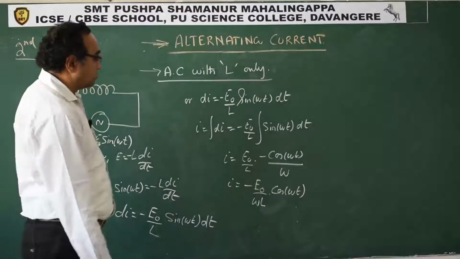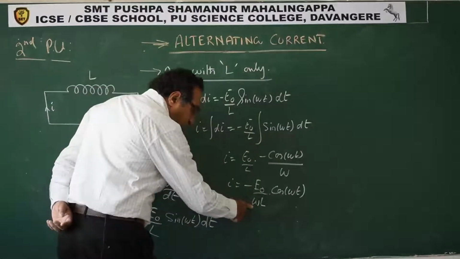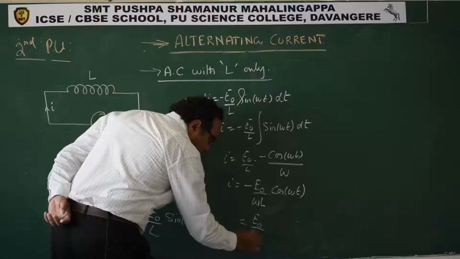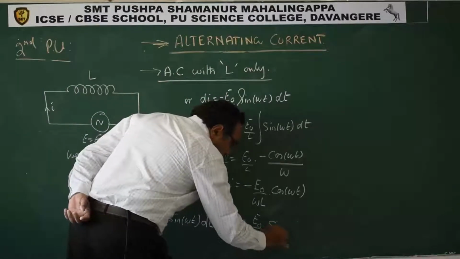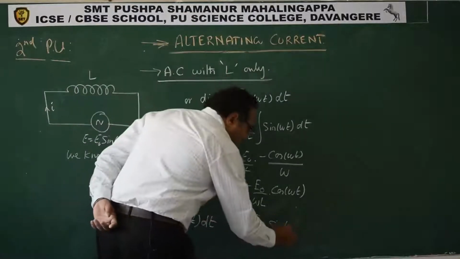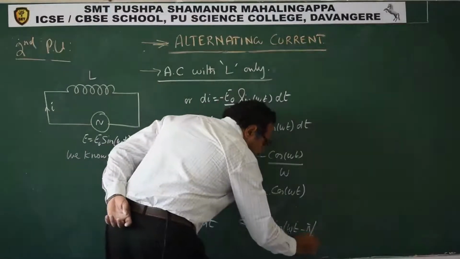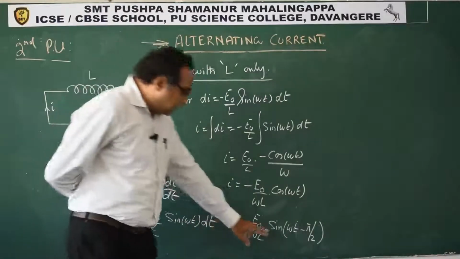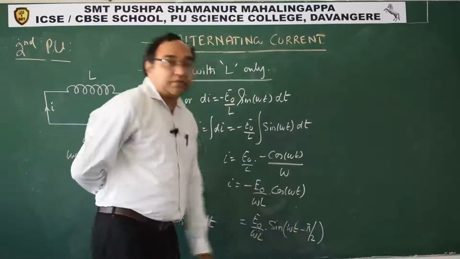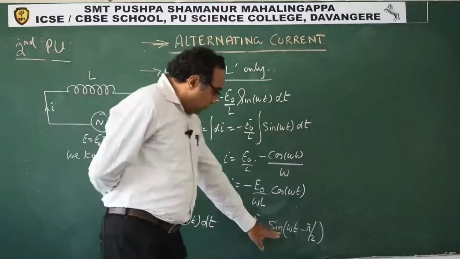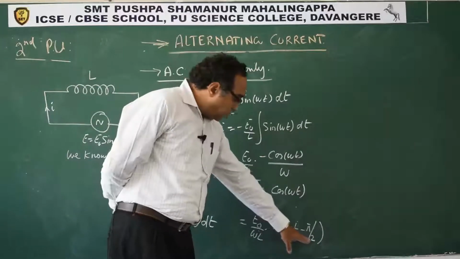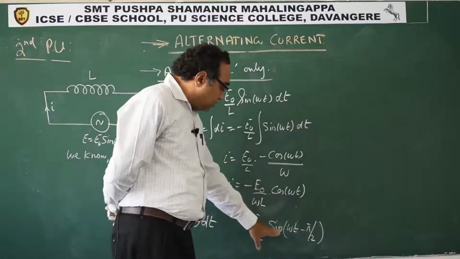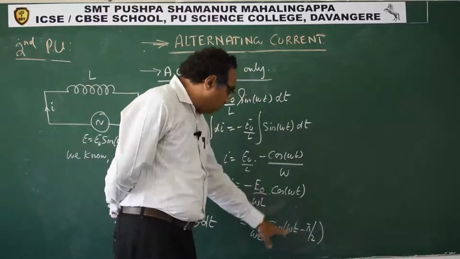Observe, this expression I can write as E naught by omega L sine of omega t minus pi by 2. Apply sine of A minus B: sine A cos B, cos 90 is 0, minus sine 90 is 1, cos omega t.